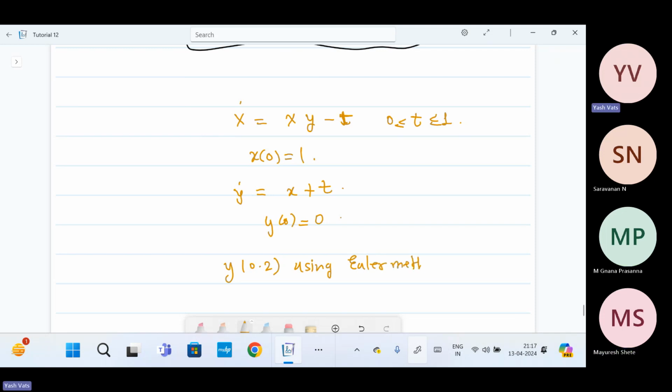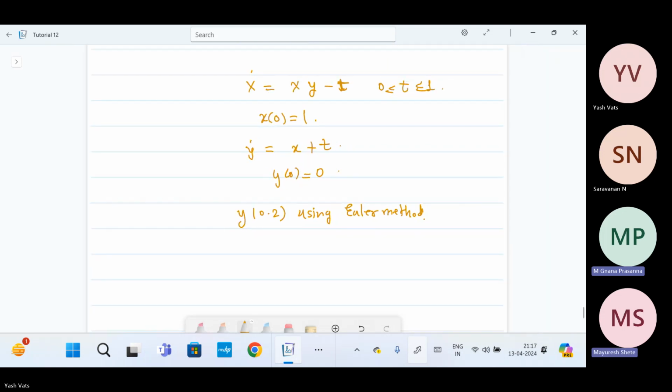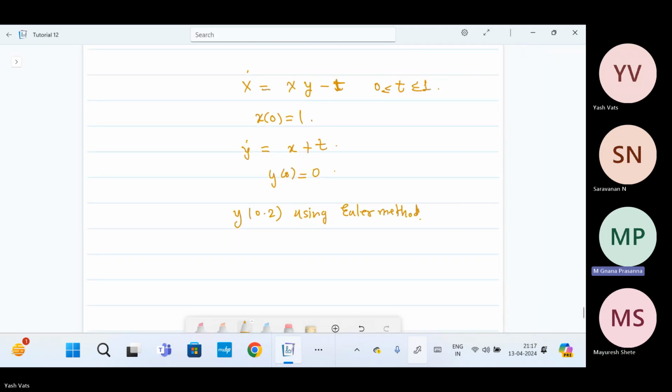You want to find by the Euler method? Euler's and modified, sir. I have a doubt about what they have given here. x0 is equal to 1, y0 is equal to 0. And to determine the values, f of x comma y is equal to what we have to take here? The function x plus t.